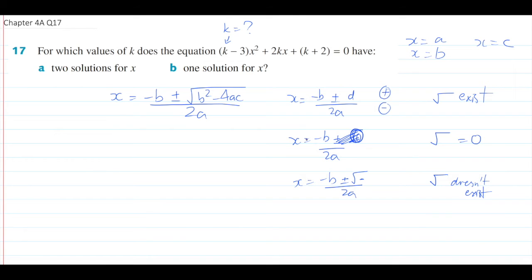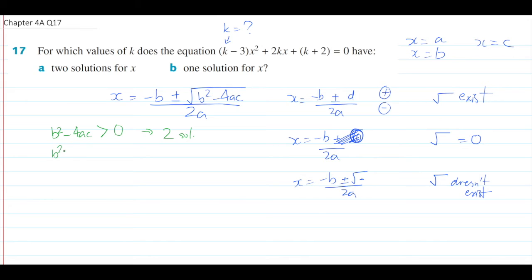Okay, so that's the frame that we're going to work with. To summarize, and the book summarizes this already, if b squared minus 4ac is bigger than 0, meaning your square root exists and a non-zero number comes out of it, then that would give you 2 solutions.